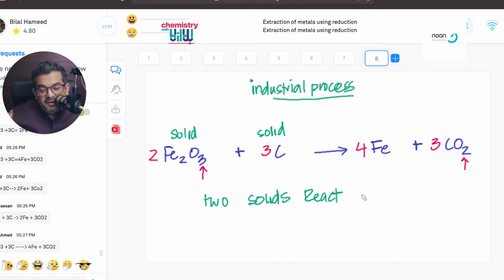react very slowly, like me talking right now. They react extremely slowly.